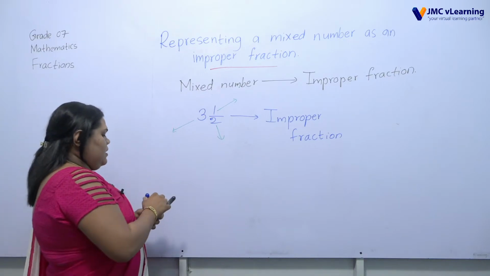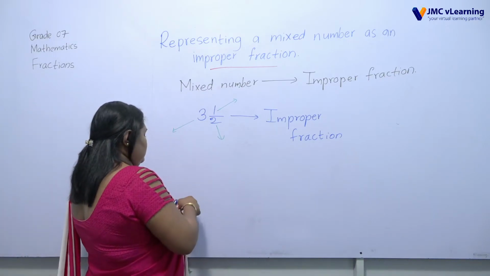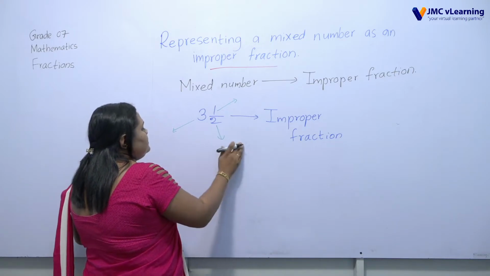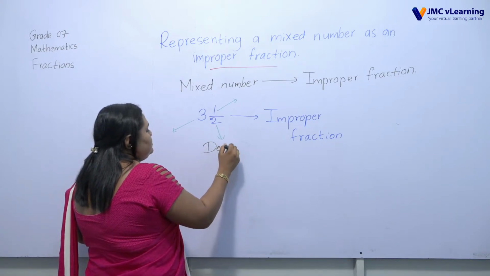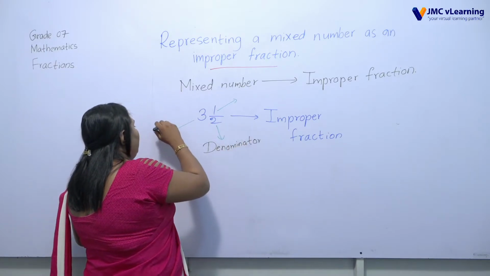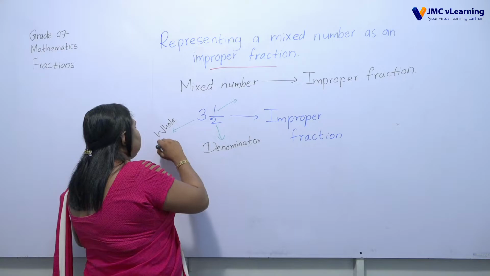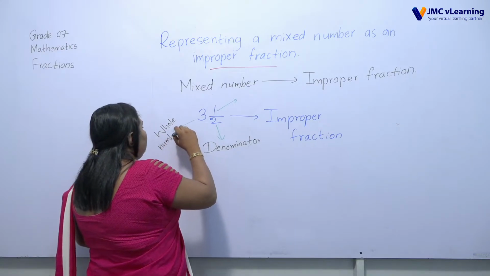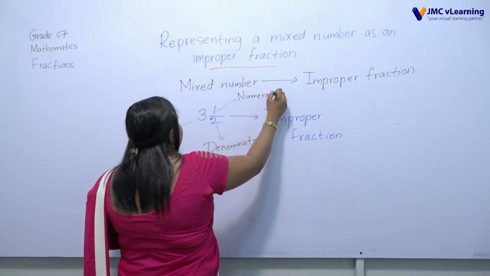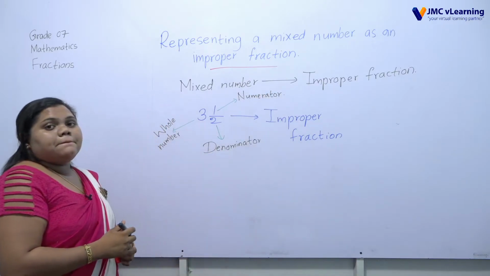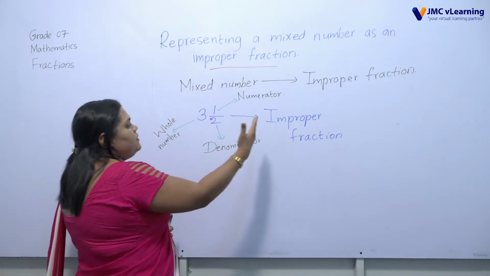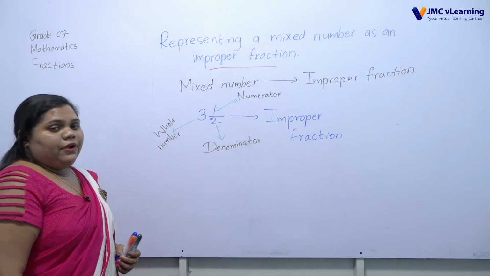Now this one we can call the denominator, the whole number and the numerator. First you want to identify these three parts.